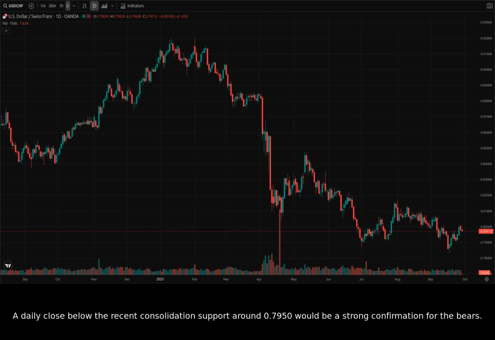A daily close below the recent consolidation support around 0.7950 would be a strong confirmation for the bears. This would open up a probable move to retest the multi-month lows around the 0.7900 area.